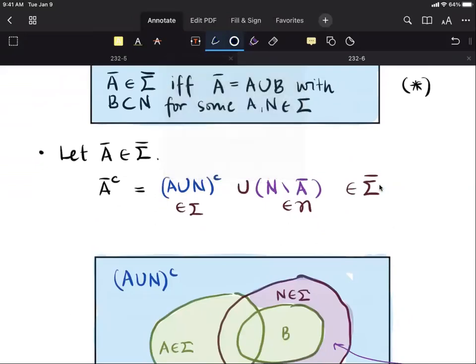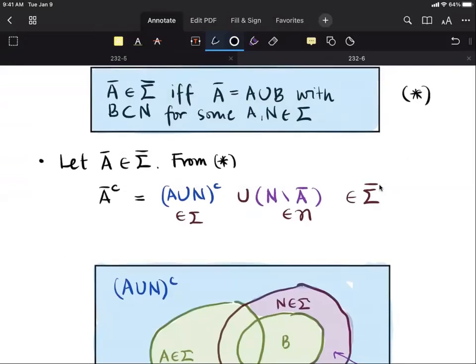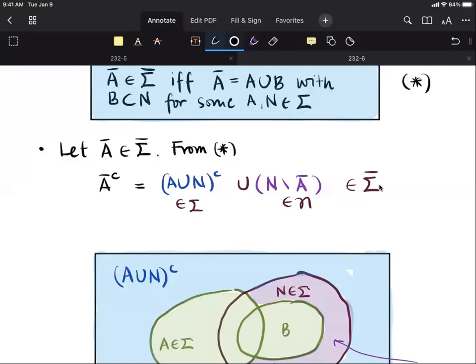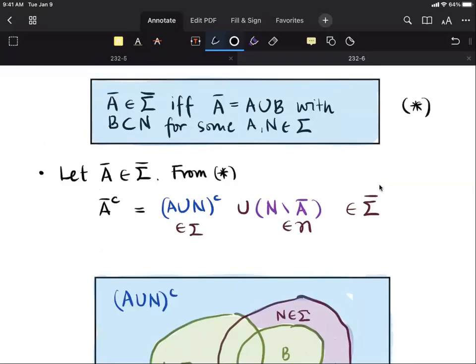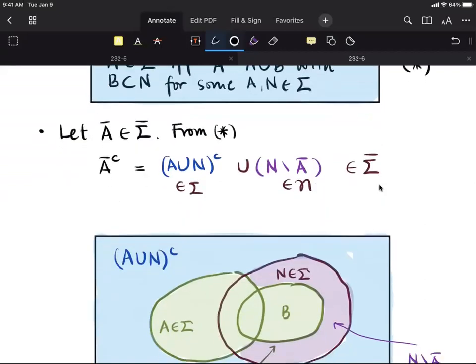Take note that, okay, if you have this representation here, A bar as union A union B, A and N are in sigma, therefore the union, and hence the complement of the union is in sigma, because this is a sigma algebra. Okay, and the other one, so let us write that here, since A n is in sigma.